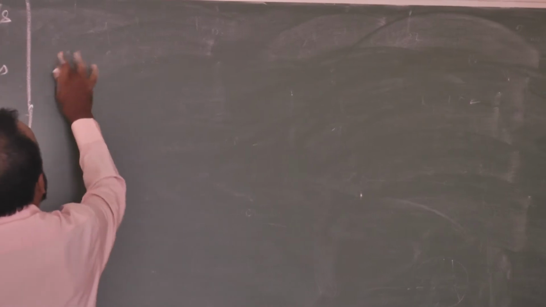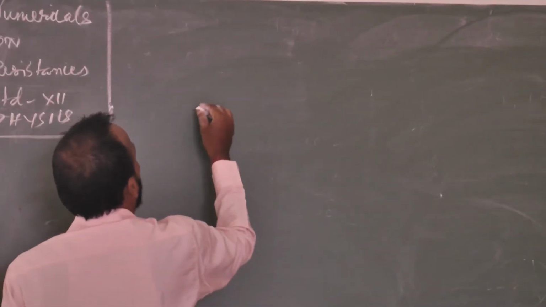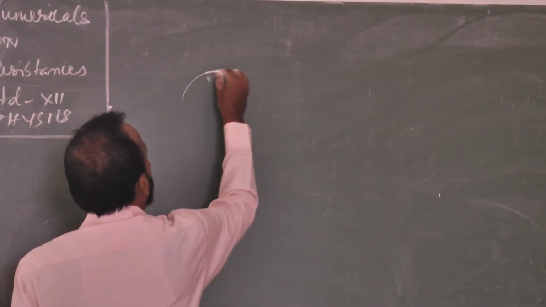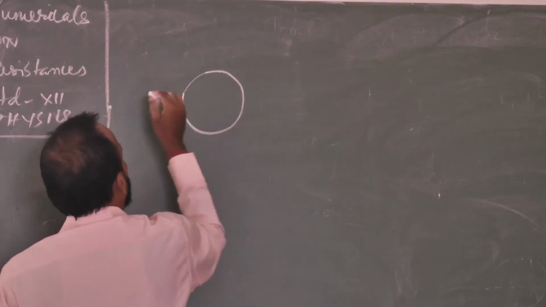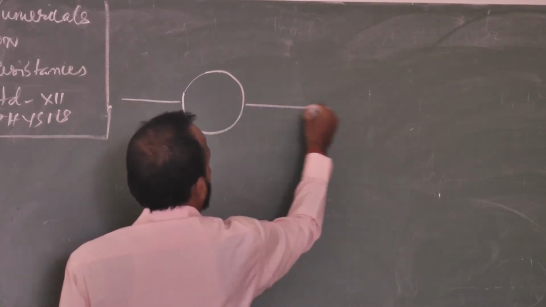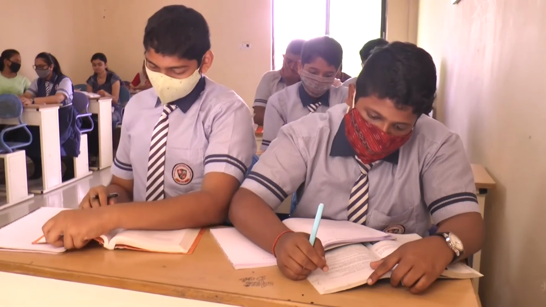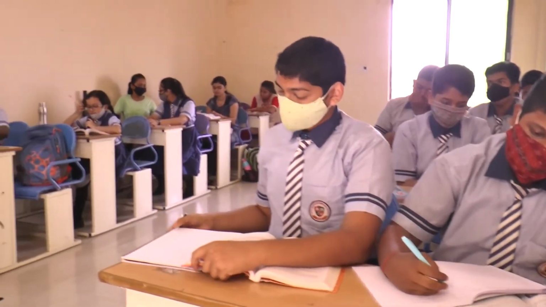Suppose a diagram is there, I am repeating once again. There is a wire bent into the form of a circle.